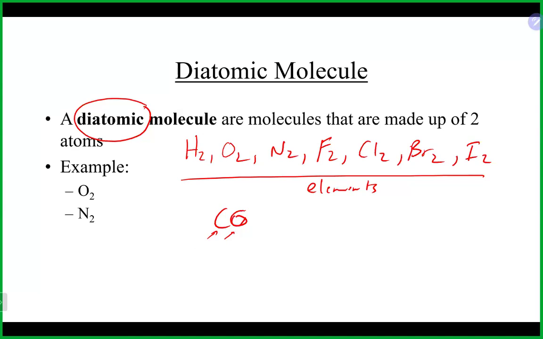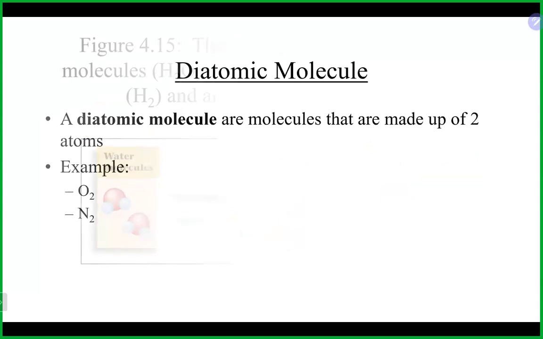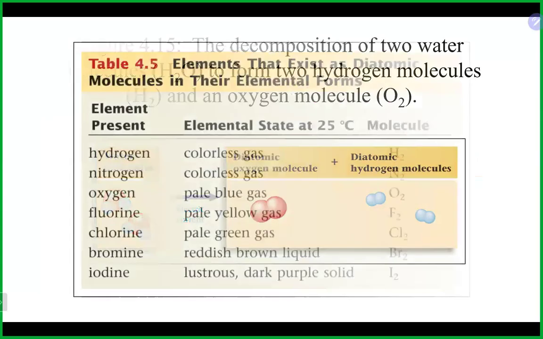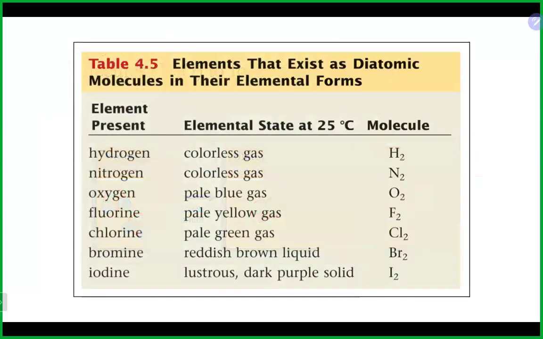That is a diatomic molecule as well. That is not an element, that is a compound, because it's atoms of two different elements together. So that's really important as well. And there's some of the characteristics of our elements.